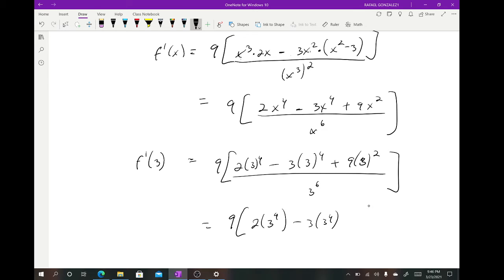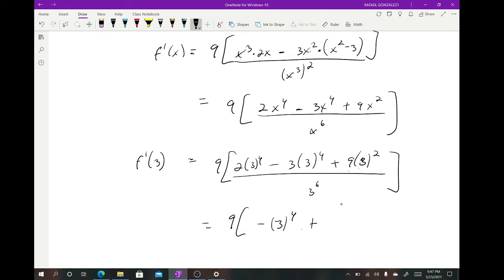So what I'm going to do here is notice that I have 2 times 3 to the 4 minus 3 times 3 to the 4. So I have 2 of them minus 3 of them. It's going to be minus 1 of them. So it's going to be minus 3 to the 4 plus 9 times 3 to the 2.